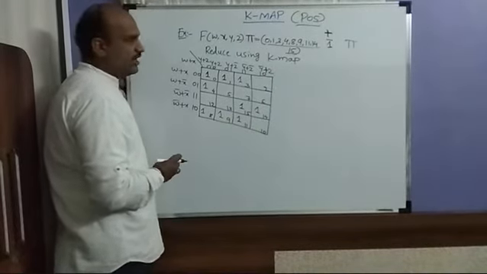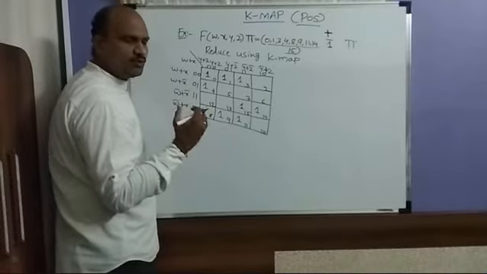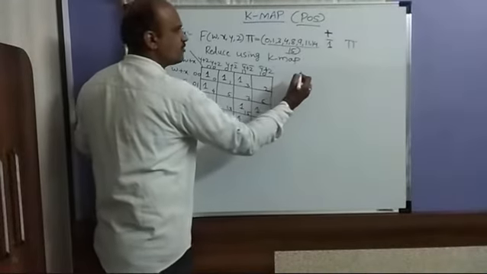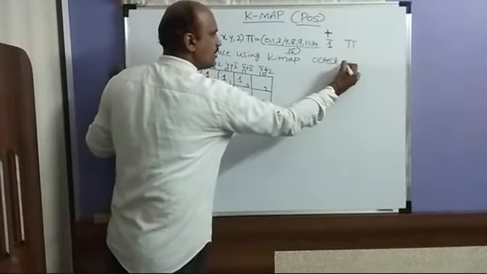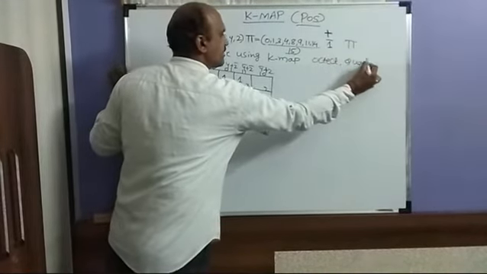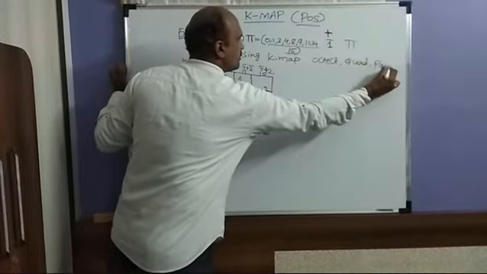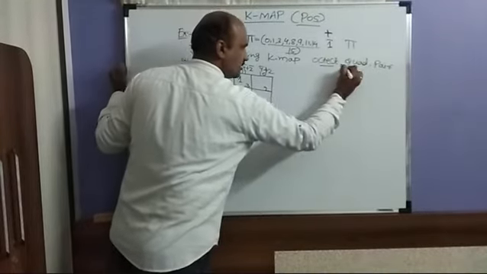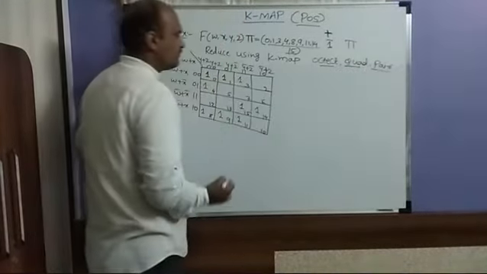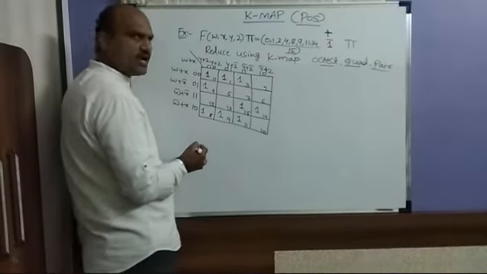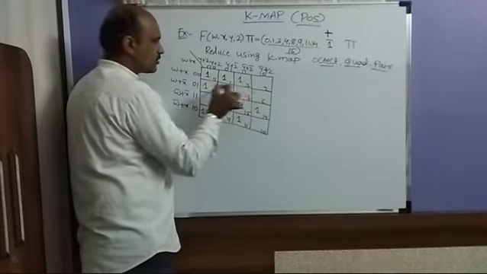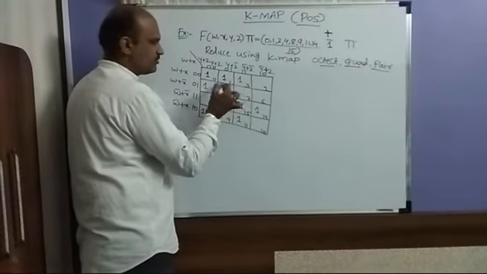Now, as I told you, the rules: first go for the octet, then go for the quad, then go for the pair. How many octets will happen, then the quad, then the pair. First check for the octet. Octet means 8 combinations should be there. If you go row wise, not possible here.